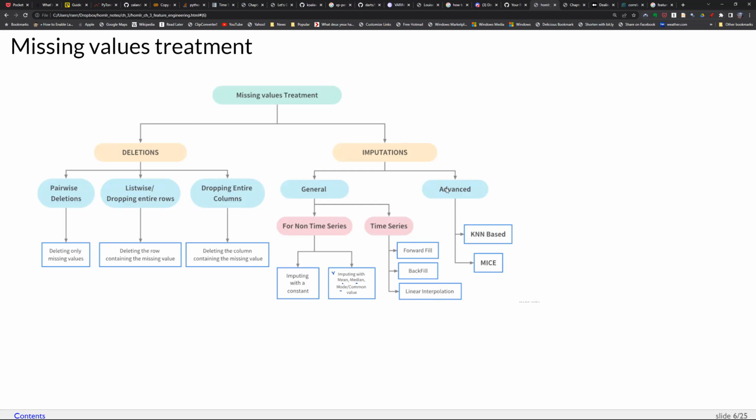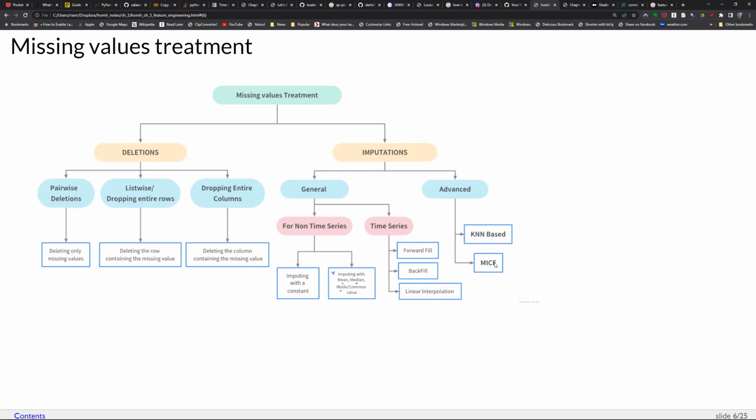Then you have more advanced imputations. For example, KNN, K-nearest neighbors, algorithms that can give you a best guess value or kind of a prediction of the missing values in terms of the whole data set. Also, you can do tree-based methods here for missing values.